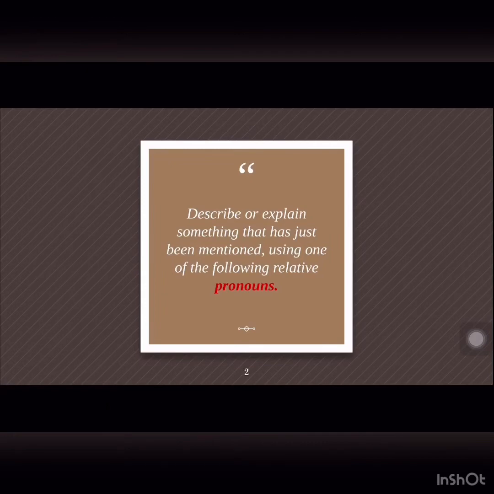Today's topic is not about clause, but relative clause. A relative clause is to describe or explain something that has just been mentioned using one of the following relative pronouns. This is very confusing, I know, but we will get into it later.